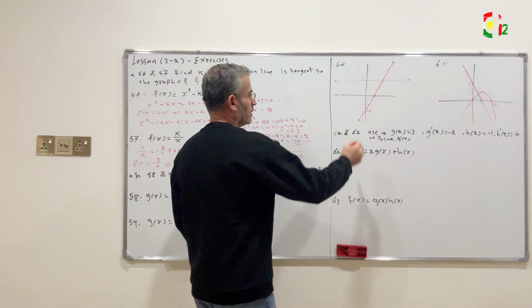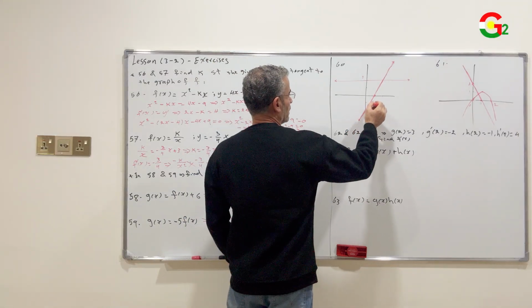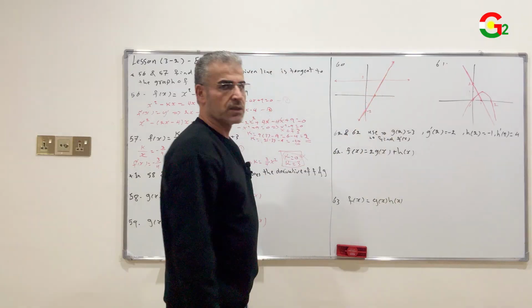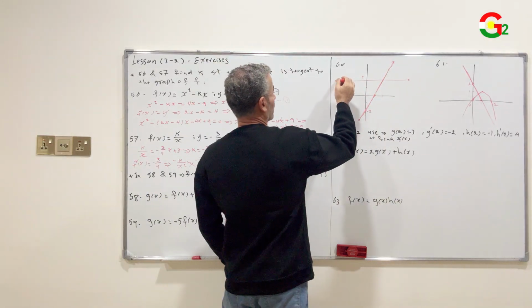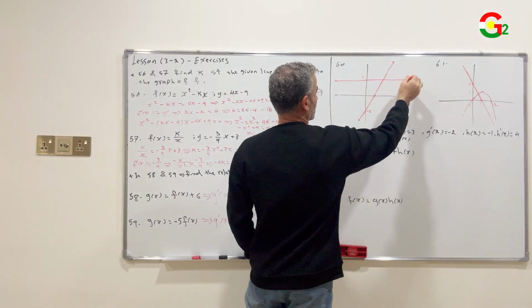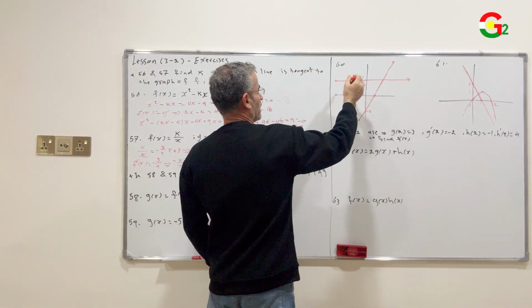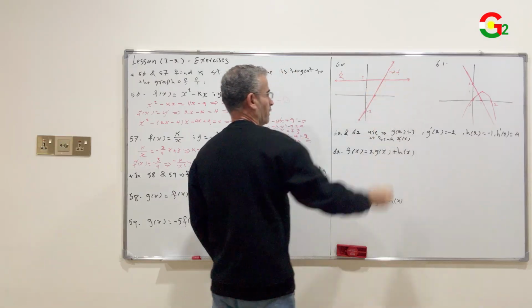As you see, the line is increasing from negative infinity to positive infinity. Therefore, the derivative is positive, over the x-axis. Therefore, this is f prime and this is f.